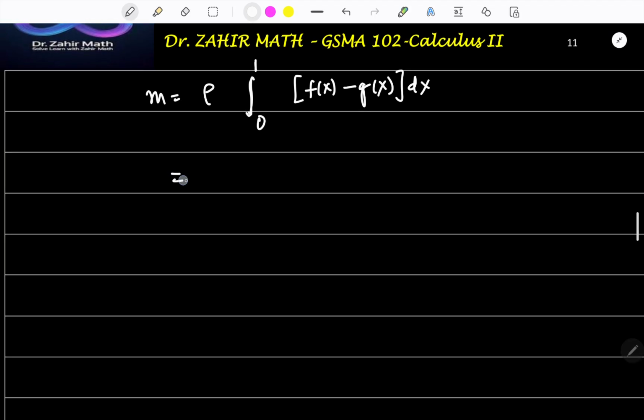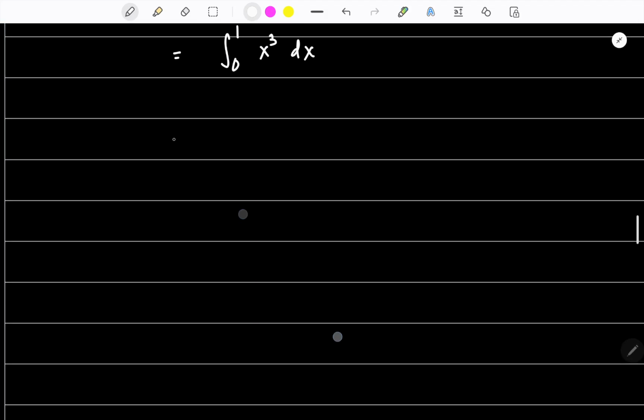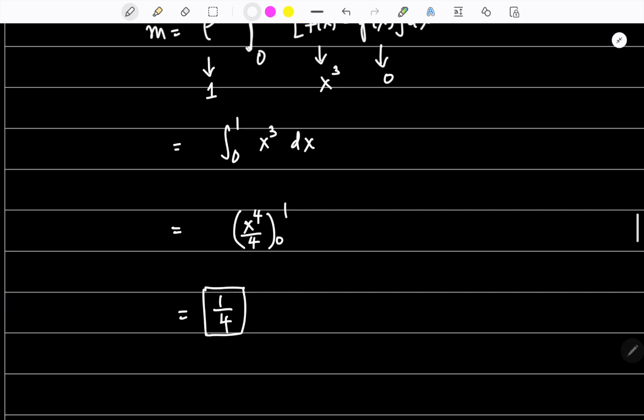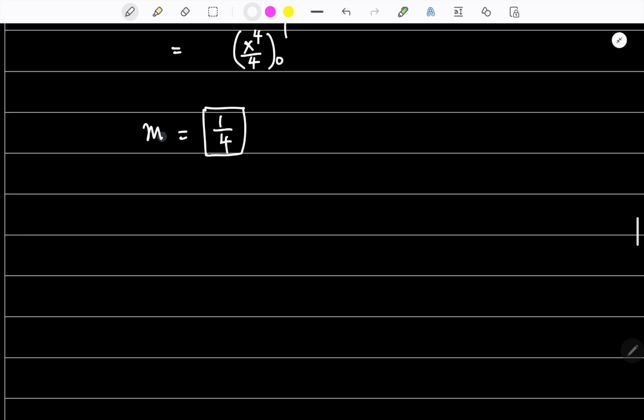So this equals rho, which is taken as 1, and g of x is taken as 0, and f of x is x cube. So this equals integral 0 to 1 x cube dx. What is the integration of x cube? Which is x power 4 divided by 4, and the limit is 0 to 1, which is going to become 1 over 4. So we got m also, right?